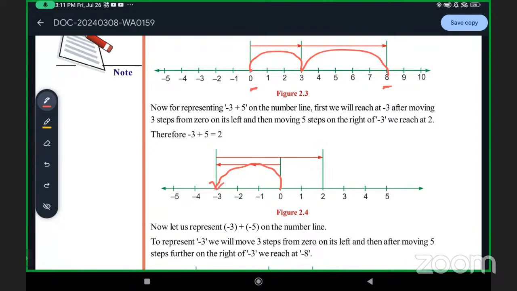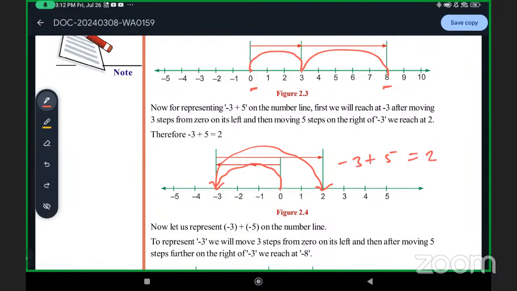After moving 3 steps from 0 on its left, then we move 5 steps on the right of minus 3, that is from minus 3 to minus 2, minus 1, 0, then 1 and 2. After 5 steps we reach 2. So minus 3 plus 5 equals 2.